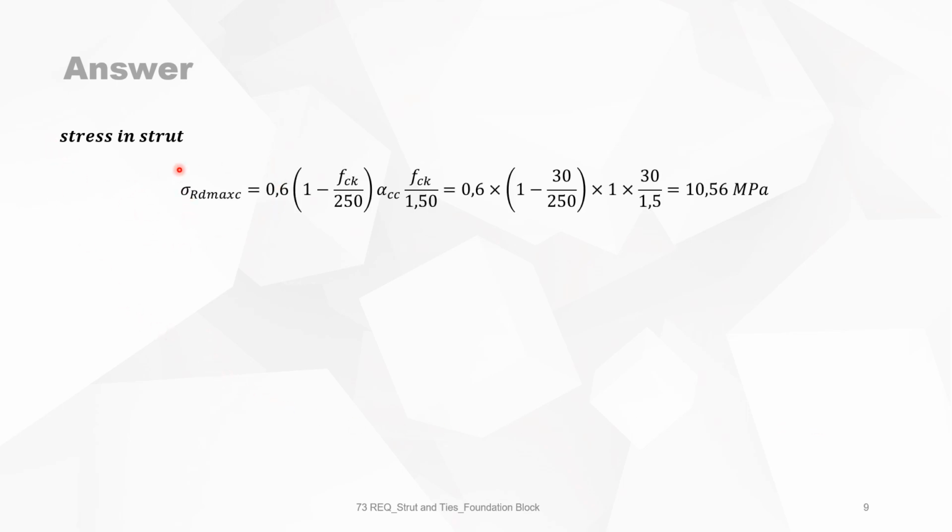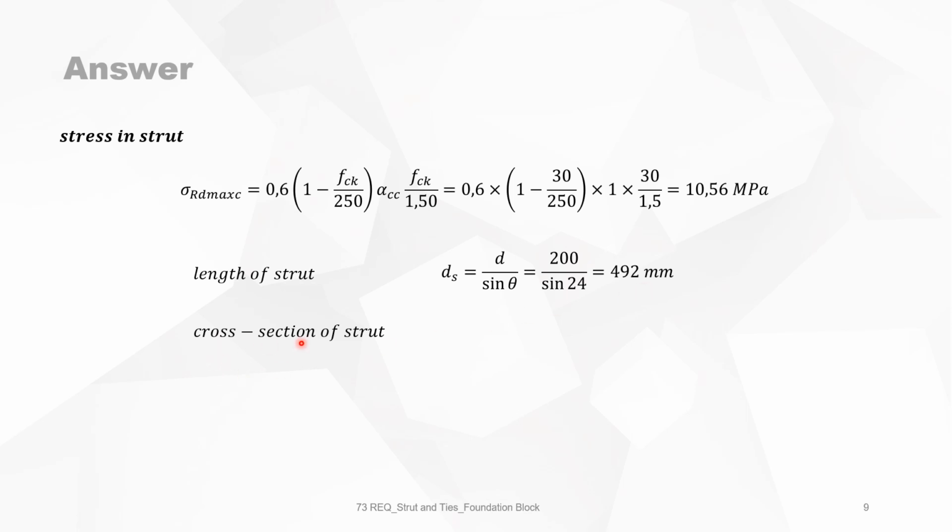The maximum allowable stress in the strut itself is 0.6 times this value, or 10.56 megapascal. The length of the strut, S, is D divided by sinus theta, which is equal to 492 millimeters.